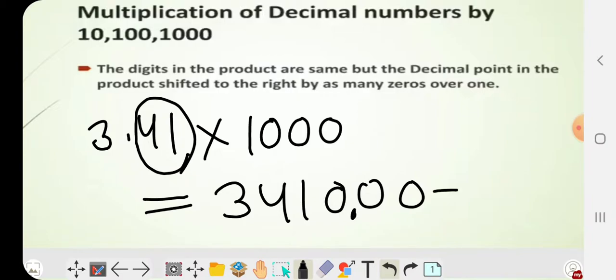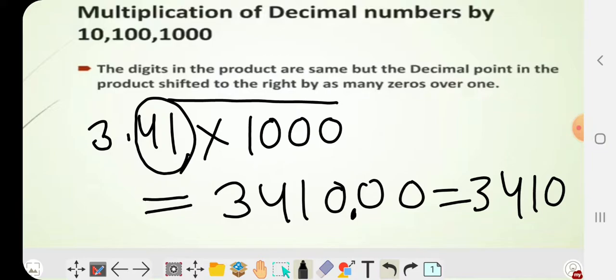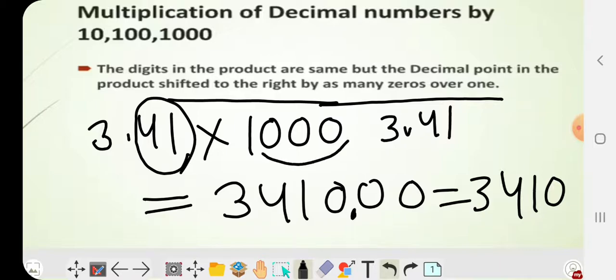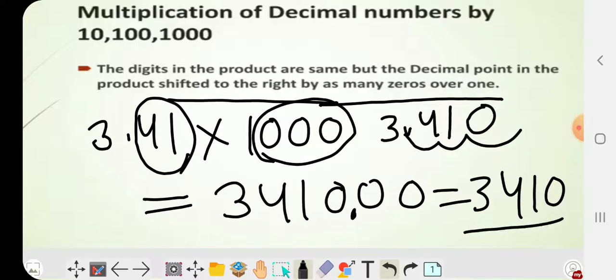So this number can be written like this, and we can say that the decimal has shifted to the right by as many zeros as there are over 1. So how many places has it shifted? This was 3.41, so it will shift three places, means 1, 2 and 3, but there is nothing, so we will put 0. Answer will become 3410.